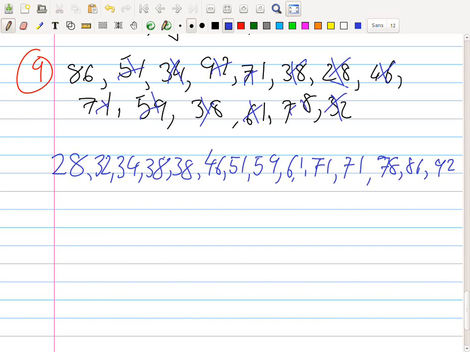So the first one is the median. What do you do for the median? It's the one in the middle. How many have I got in total? 1, 2, 3, 4, 5, 6, 7, 8, 9, 10, 11, 12, 13, 14.